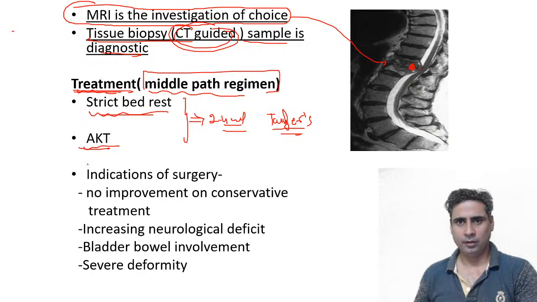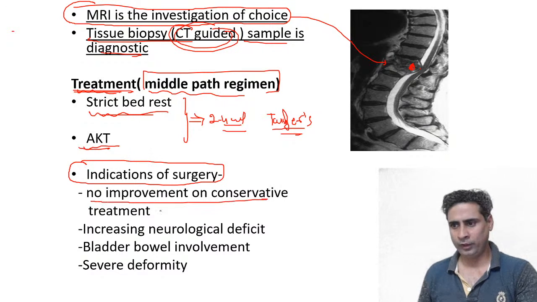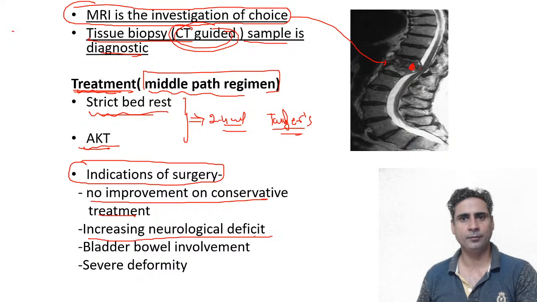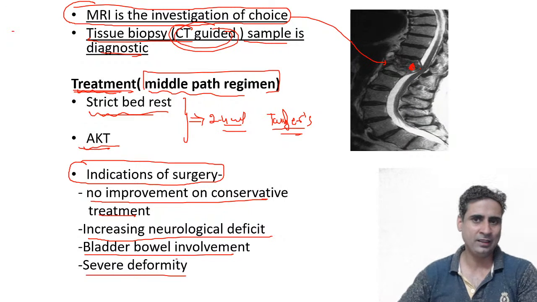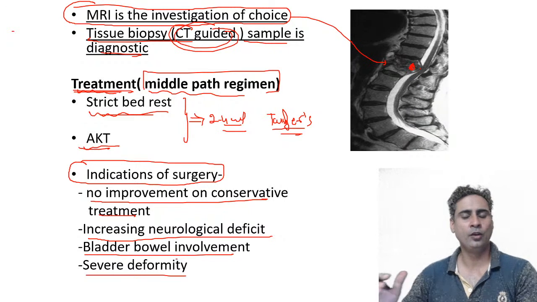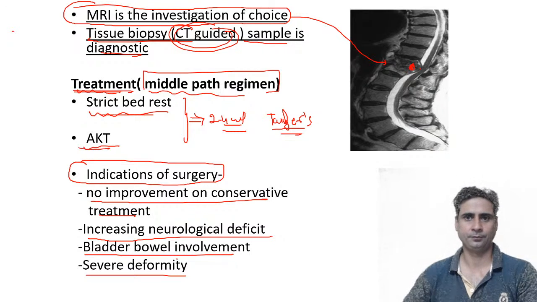If surgery is required, these are the indications: the patient is not improving on conservative treatment, neurological deficit is increasing in severity, there is involvement of bladder and bowel, or there is severe kyphotic deformity. If any of these indications is there, we go ahead with surgery.